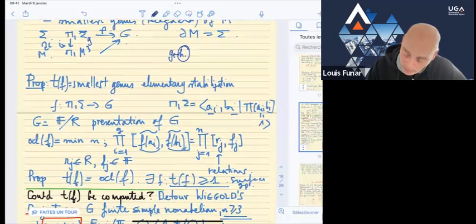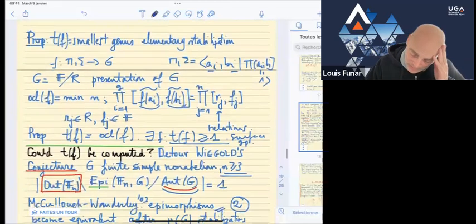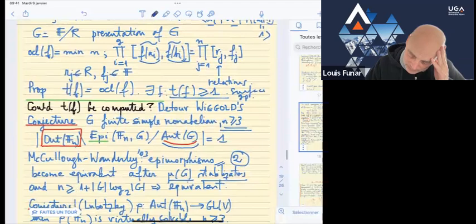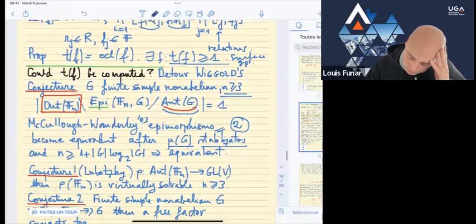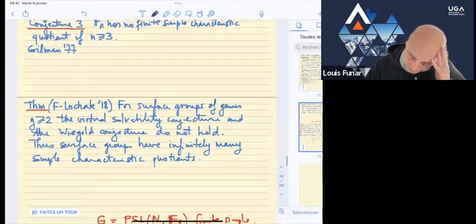This is coming from the Hopf formula, which gives you a way to compute algebraically H2 of a group in terms of a group presentation.